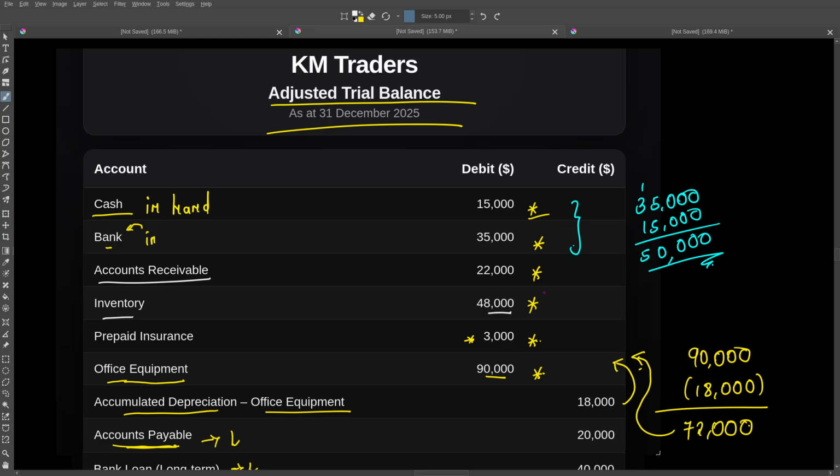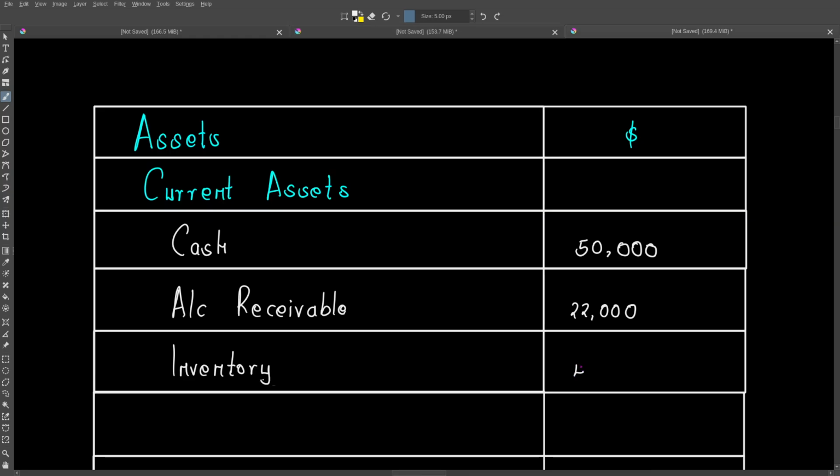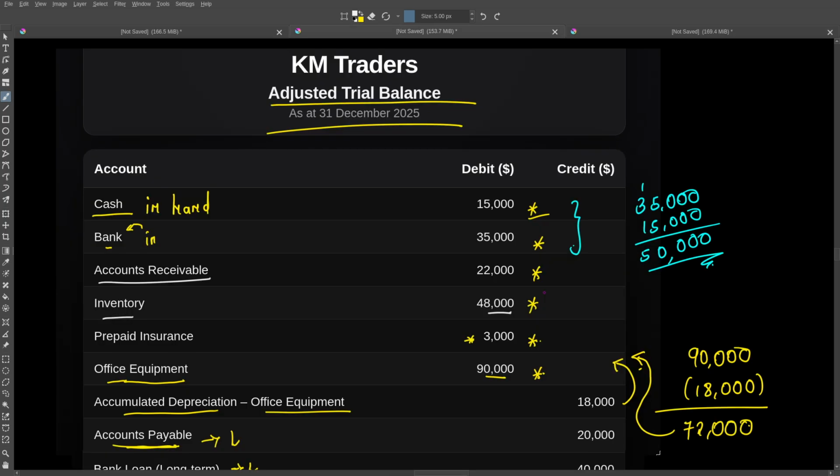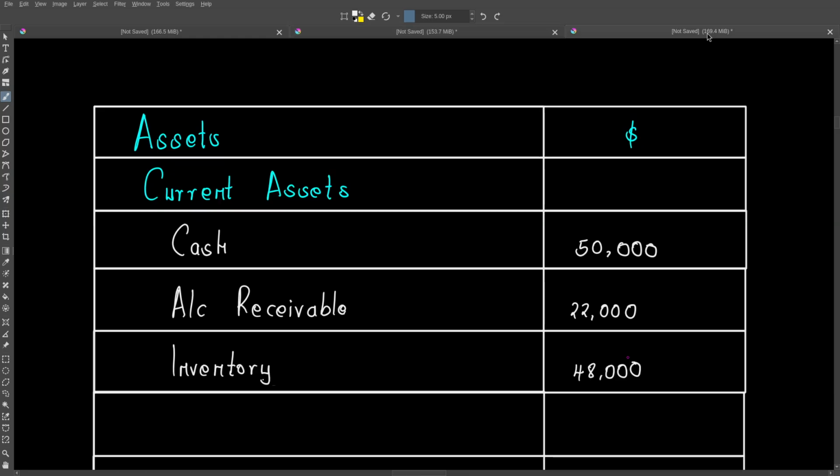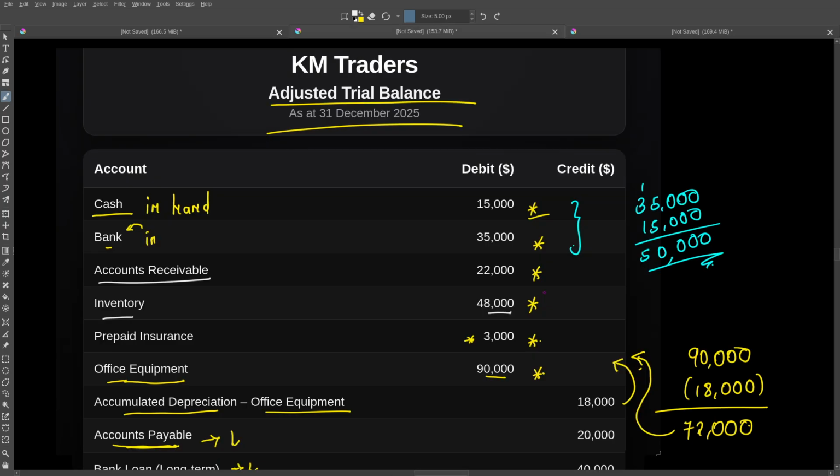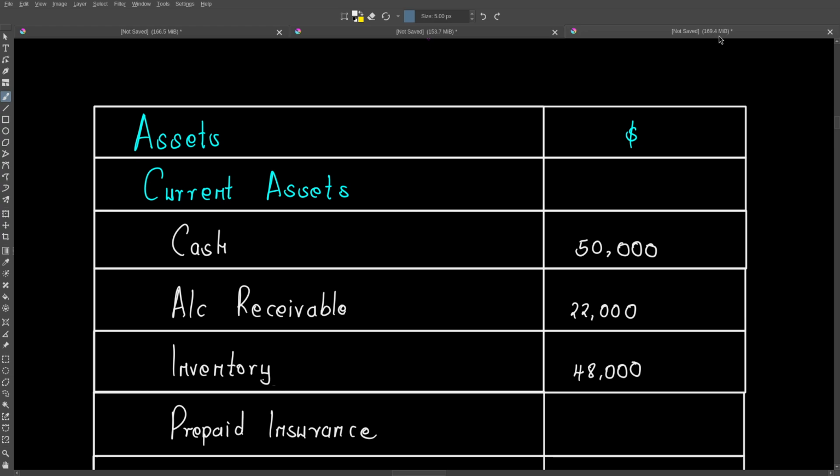For inventory, we have 48,000. Then we have prepaid insurance, also an amount of $3,000.